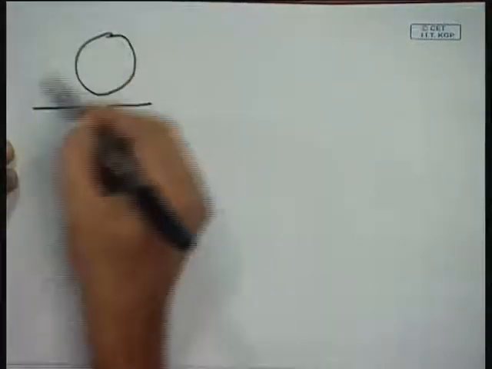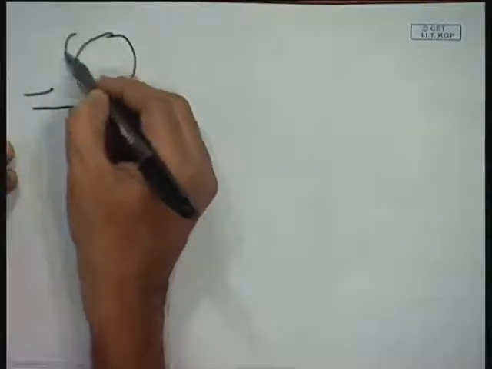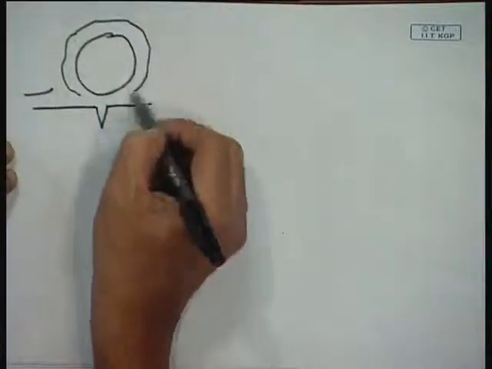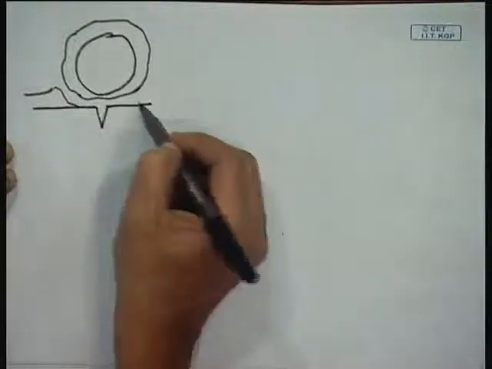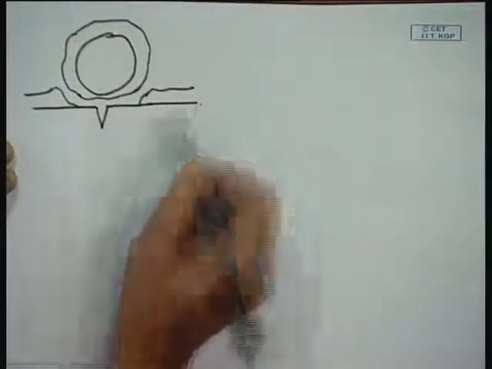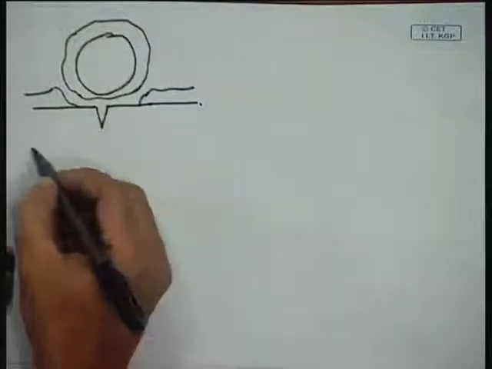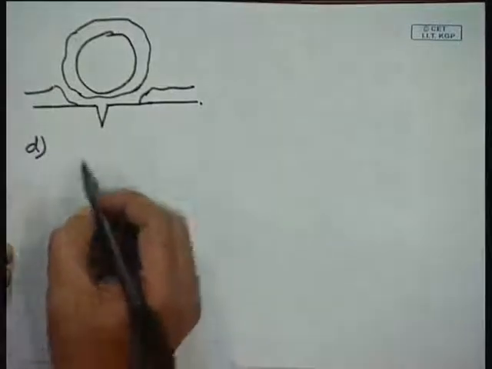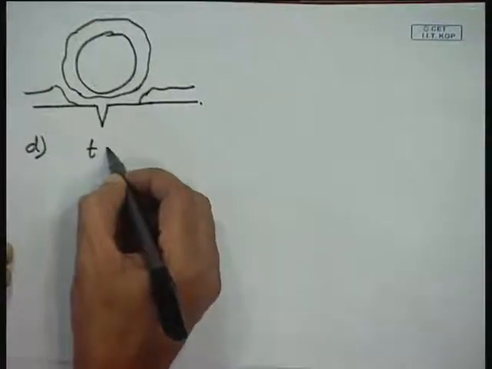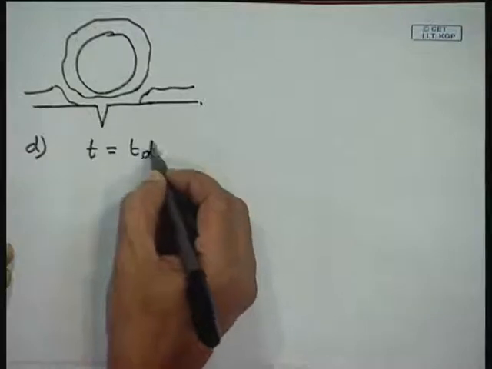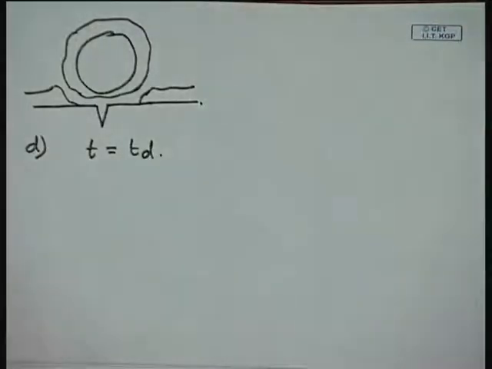See, this bubble is departing. So, probably it will have some sort of liquid surrounding it. Okay. So, this is your d, T d at departure. So, the bubble will depart. This will complete a cycle and this cycle will continue.